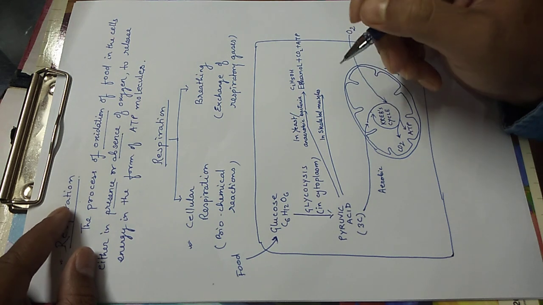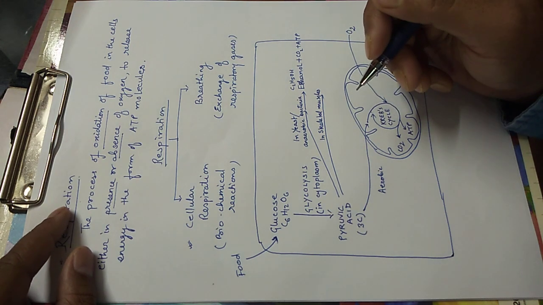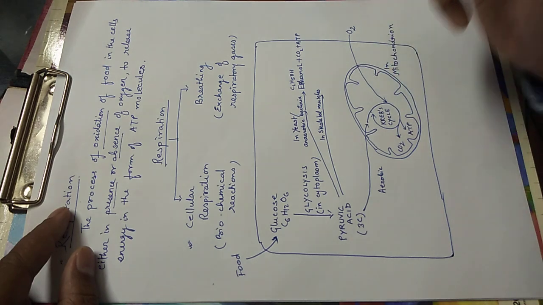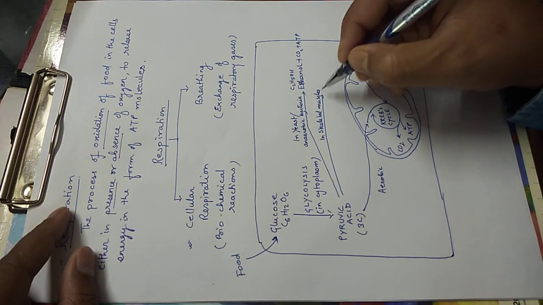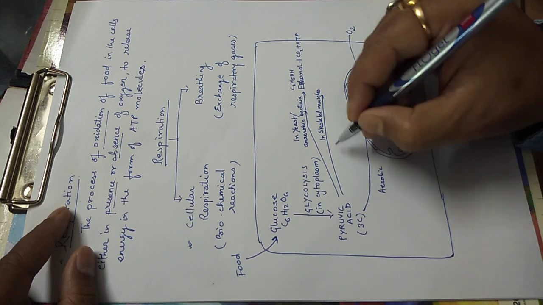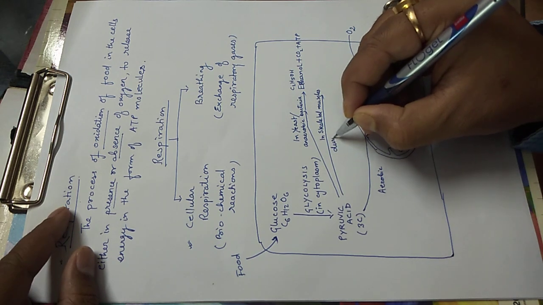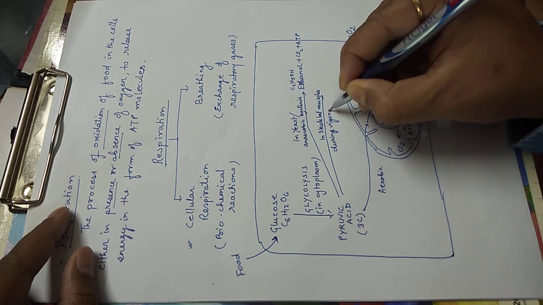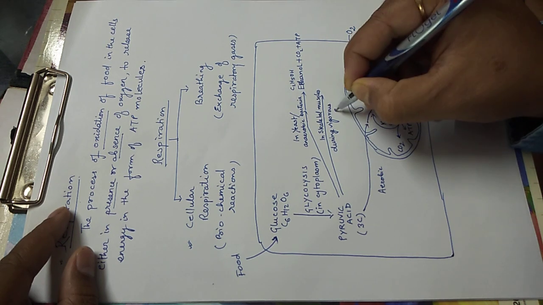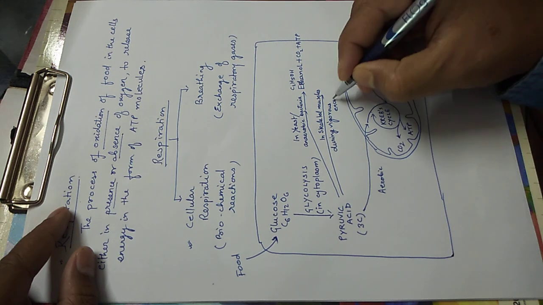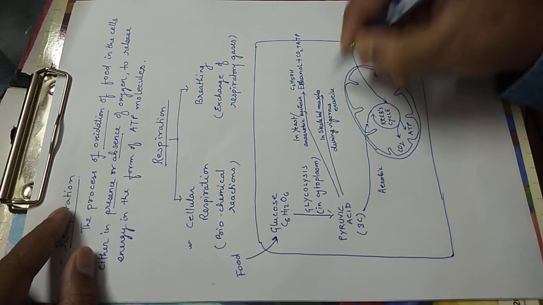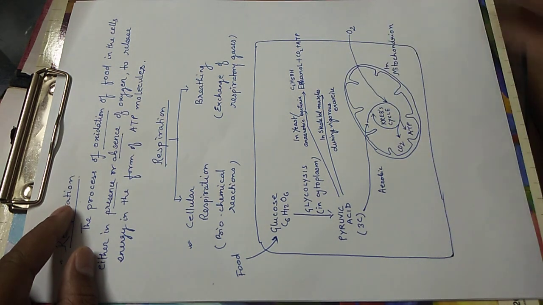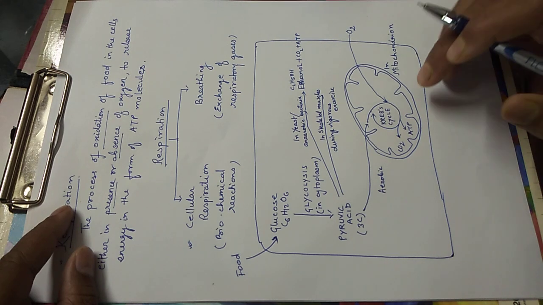Now generally what happens when we do hard work, excessive exercise, our legs and hands pain? Why does it happen? Because in skeletal muscles, during vigorous exercise, the body is not able to supply enough oxygen.